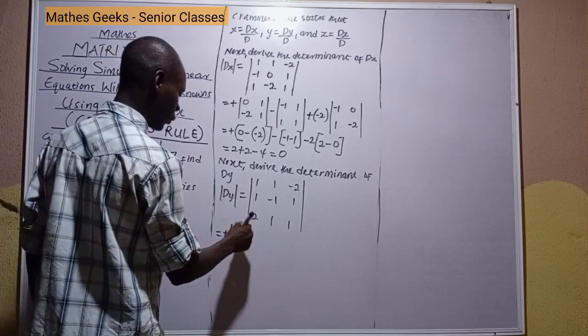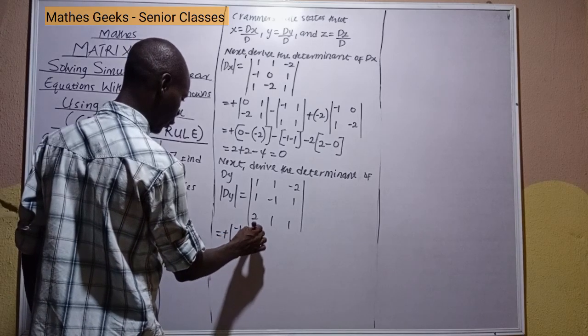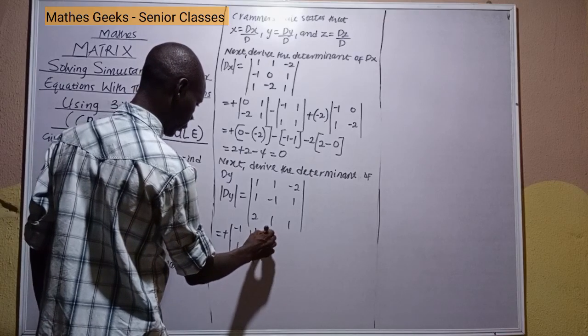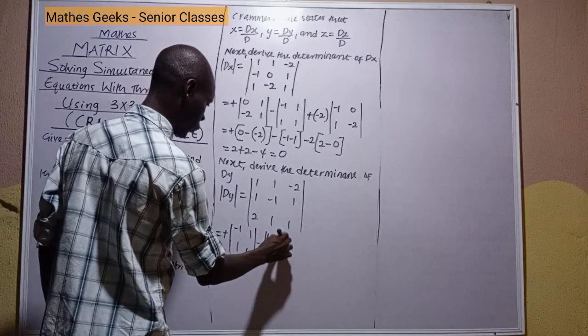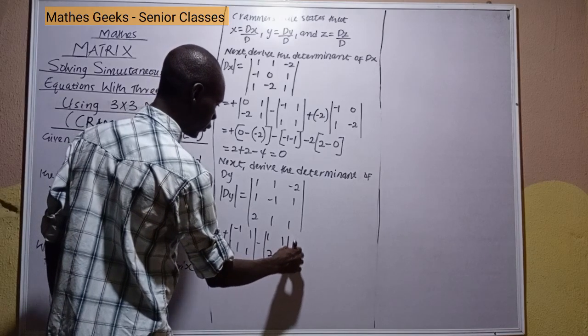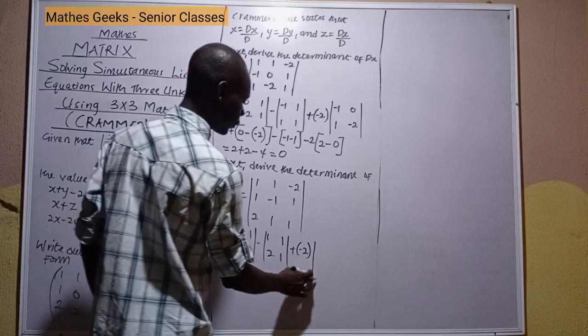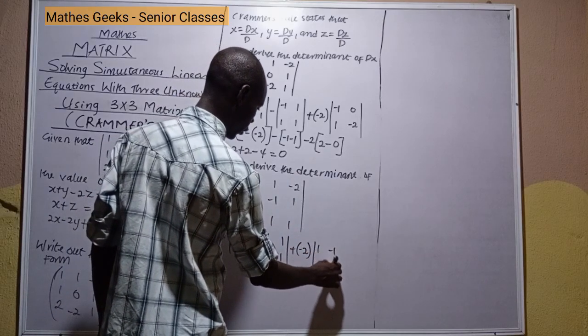First row, first column, minus 1, 1, 1, 1, minus first row, second column, 1, 2, 1, 1, plus minus 2 first row, third column, 1, 2, minus 1, 1.